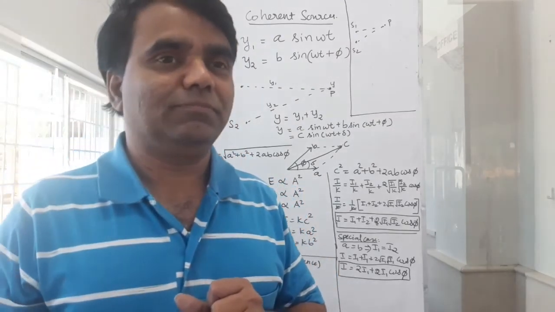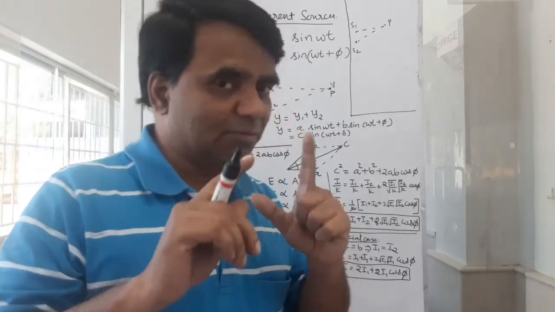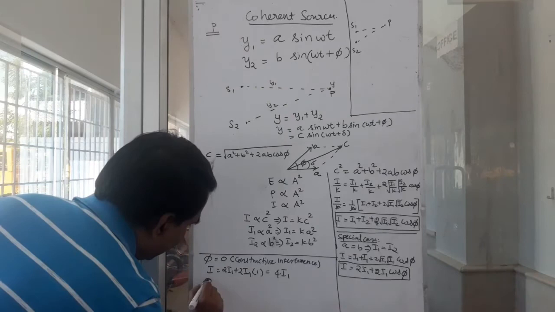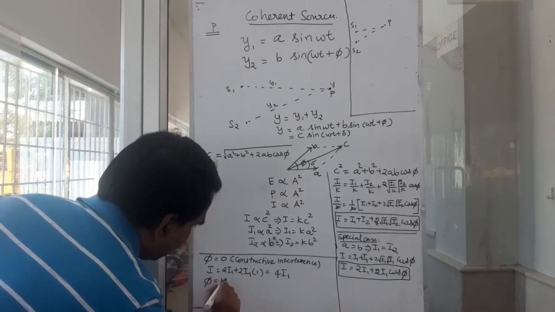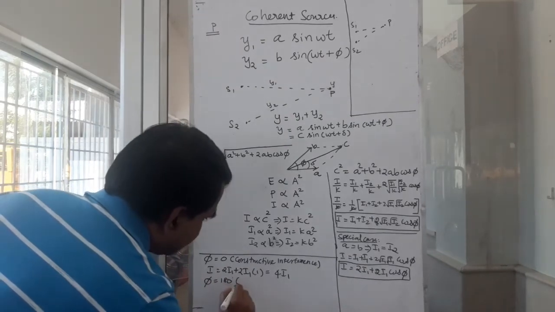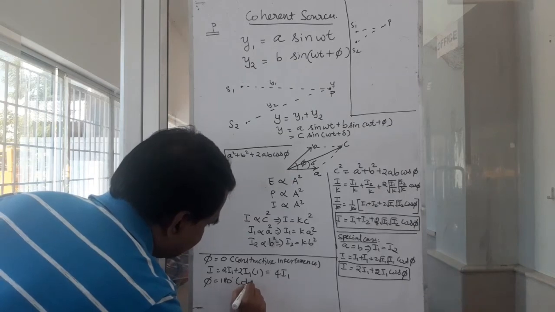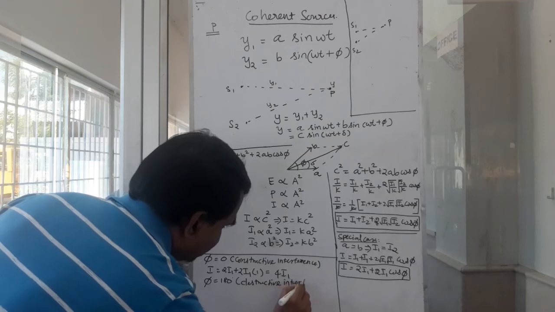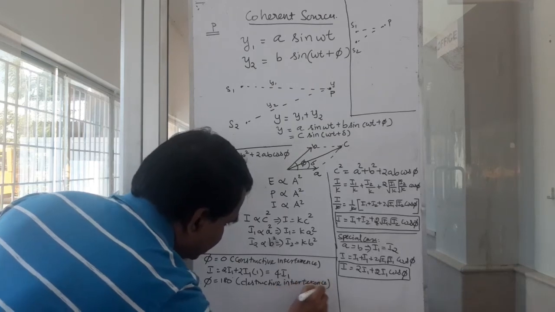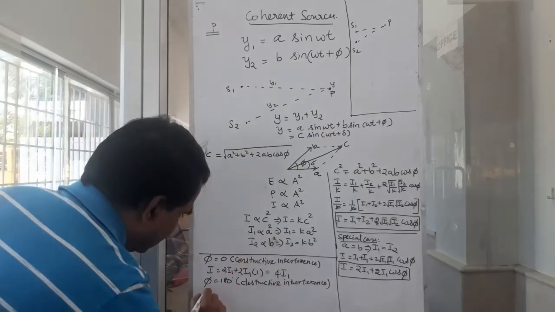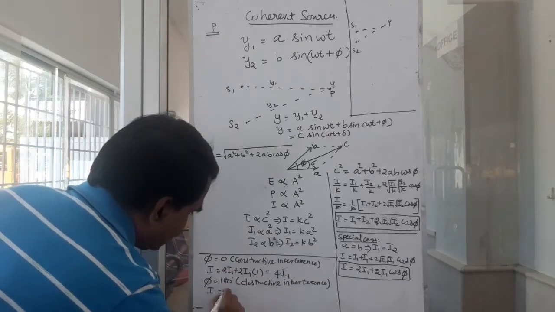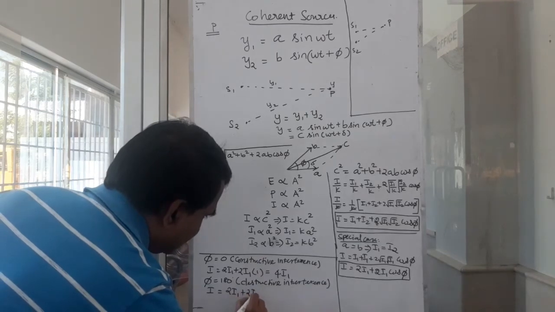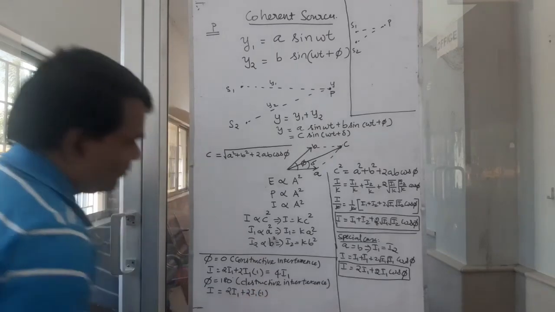Why? Well, think about it. Think about the other case, where the phase is equal to 180 degrees. Then you get destructive interference. Then I is equal to 2I1 plus 2I1 into minus 1.